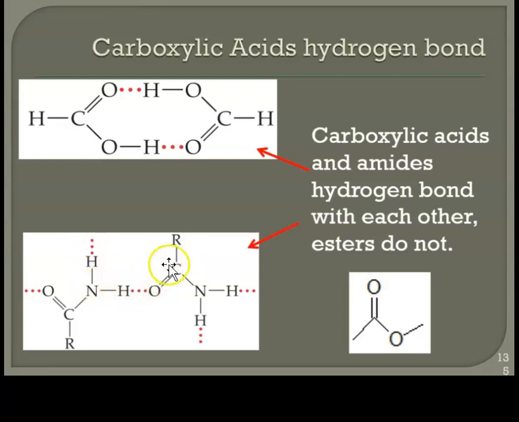And so this can happen in many different ways here. So both carboxylic acids and amides can hydrogen bond with each other in a pure solution. Now, you'll notice there is not that ability for esters to do that. So it generally means that carboxylic acids and amides have higher boiling points because of that intermolecular force that's possible there.